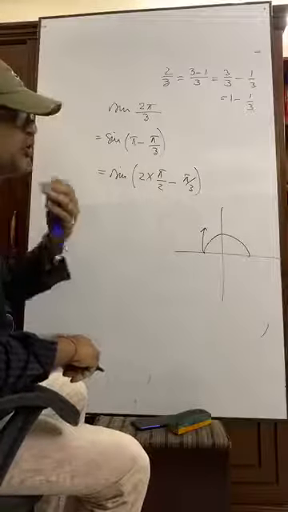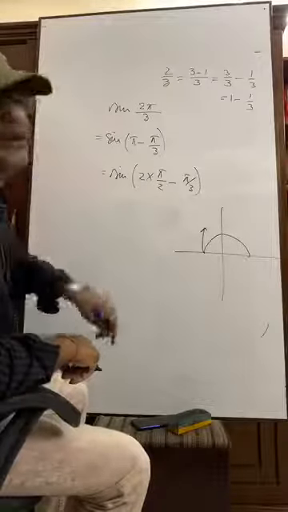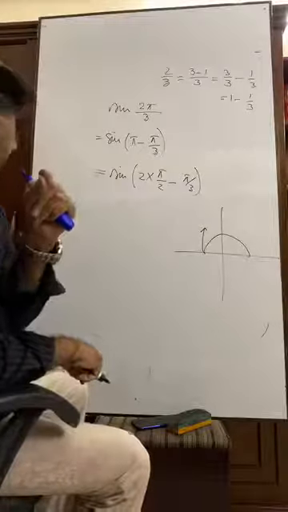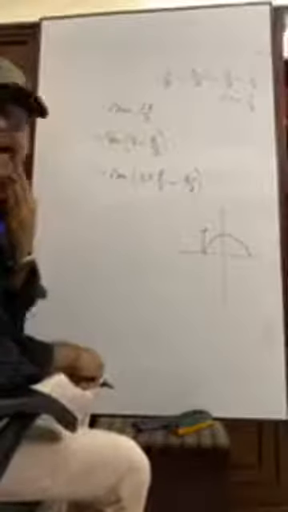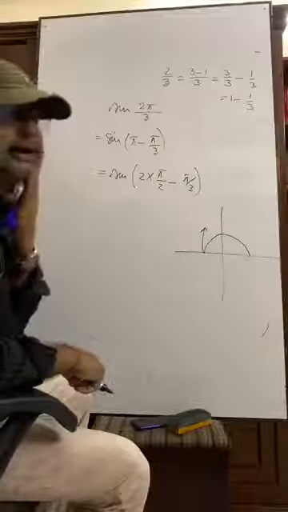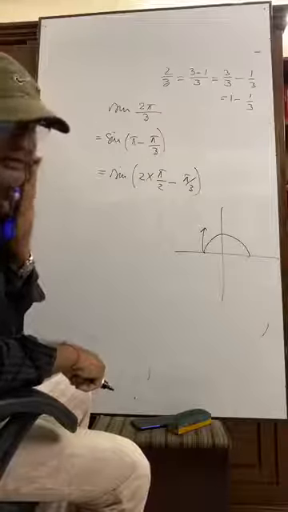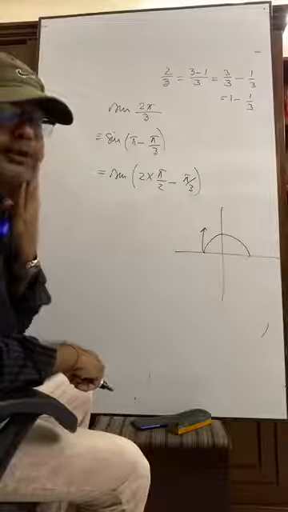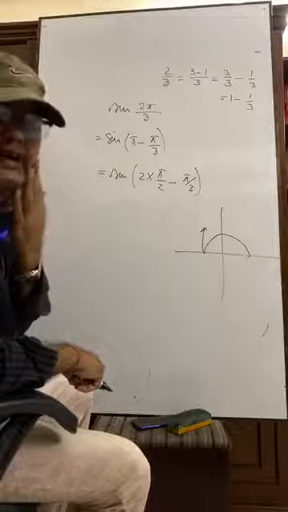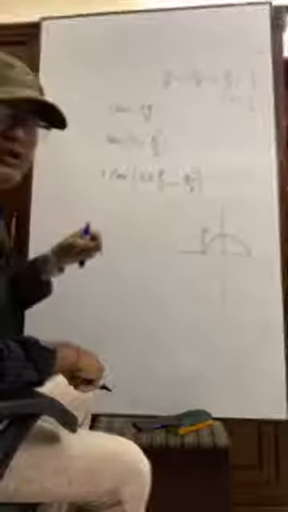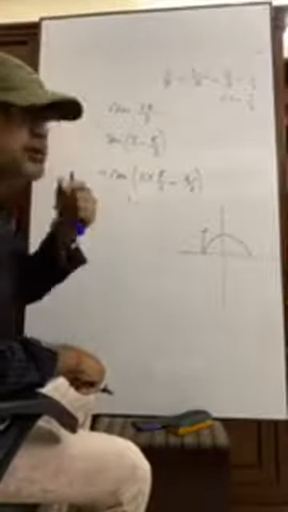Then we have to determine whether the given ratio, here sine, is positive or negative in that quadrant.